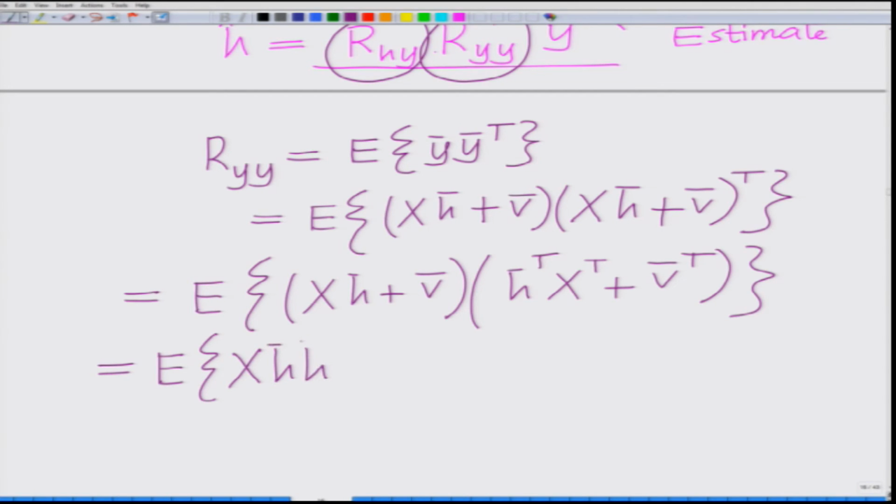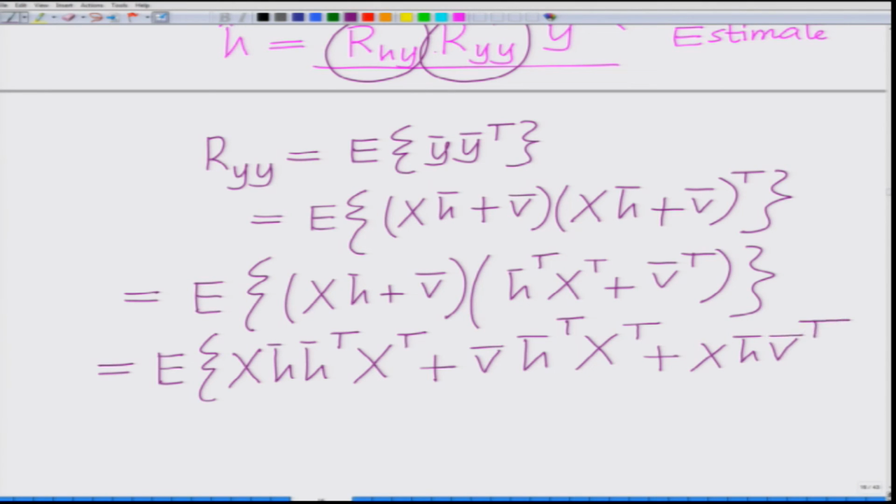Now, let us take the product term by term: x H bar transpose x transpose plus V bar H bar transpose x transpose plus x H bar V bar transpose plus V bar V bar transpose.